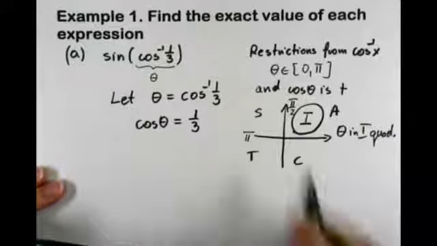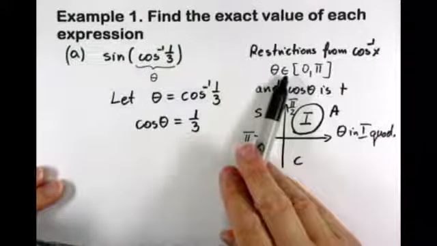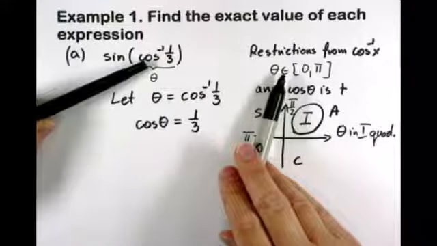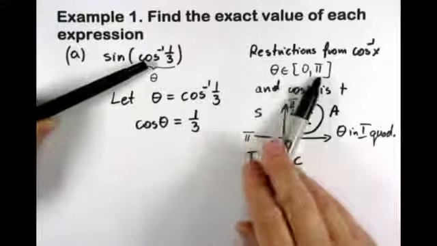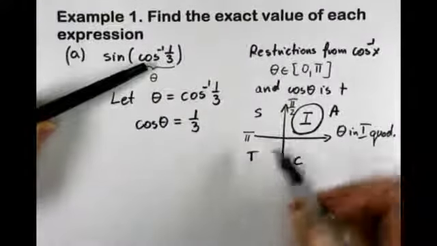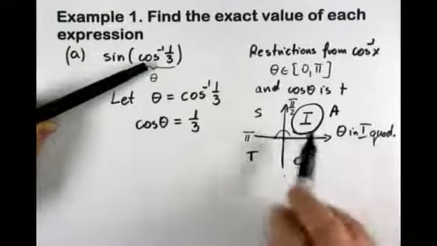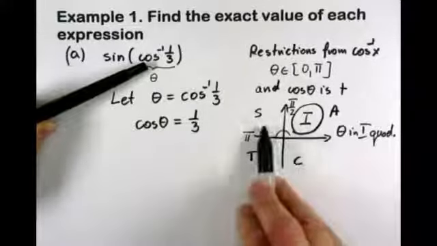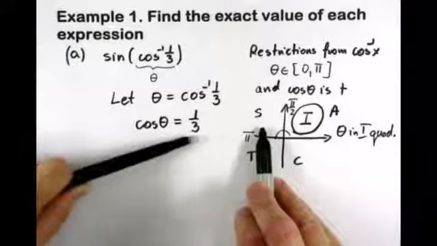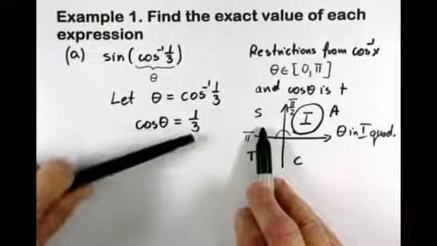Okay, I got the restrictions from those two things. First, cos inverse must exist. Restriction of cos inverse is from 0 to pi, in order that the inverse exists. So from 0 to pi, I have two quadrants to consider, quadrant 1 and quadrant 2. And second restriction comes from this one, that cos theta is 1/3.